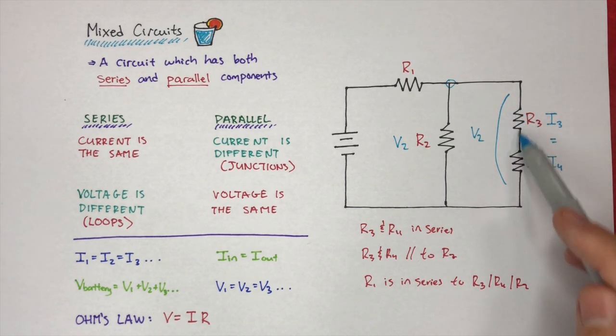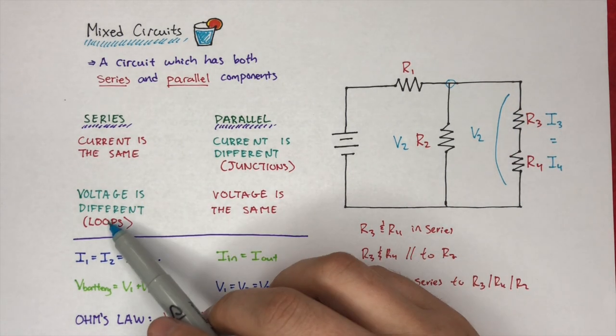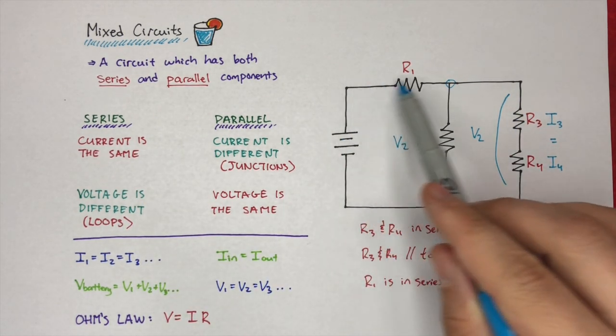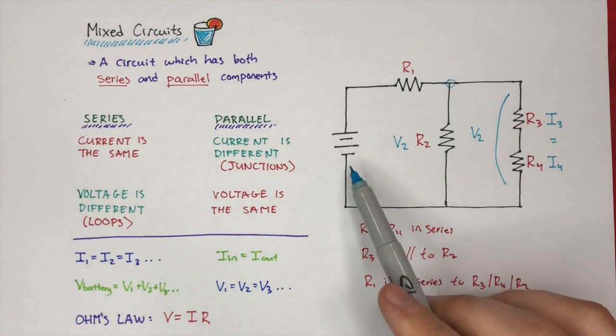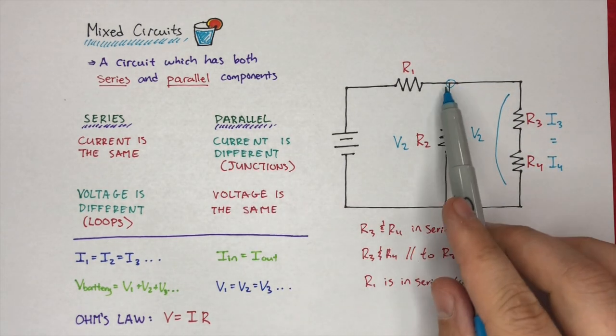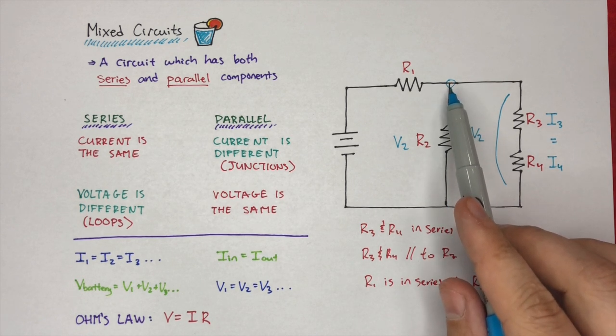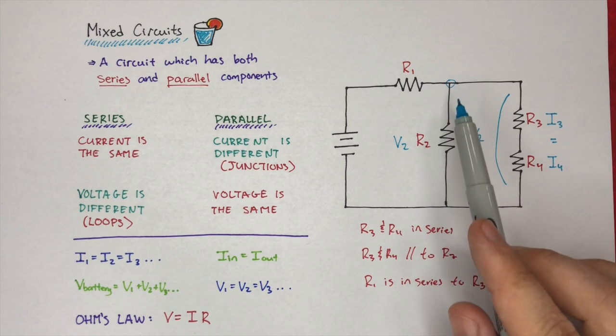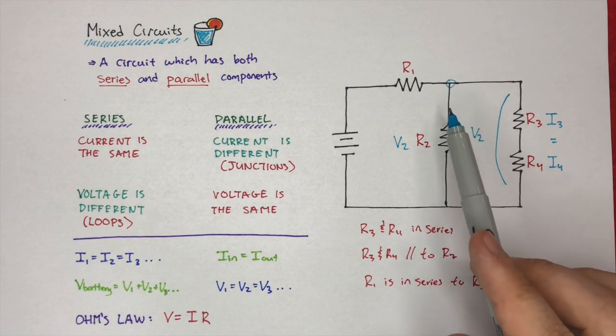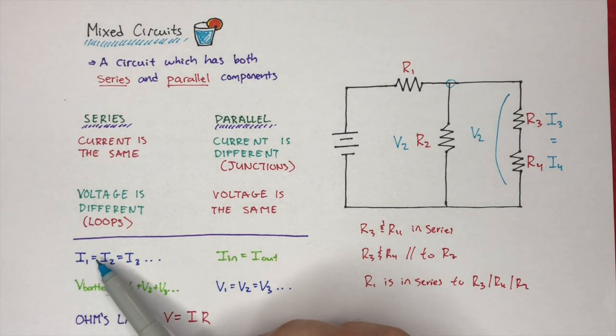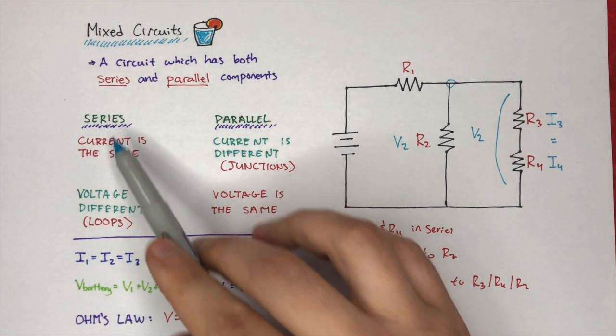When you're working with series, you have to be looking for loops, complete cycles around a circuit. Whereas when you're working with parallel, you have to be looking for junctions. That's going to help you organize yourself and determine which series law or which parallel law to apply to the situation. If we're looking at formulas, we say that current 1 equals current 2 equals current 3 in series.